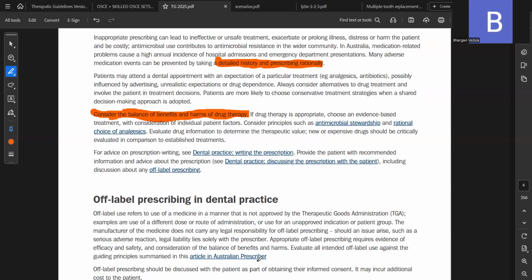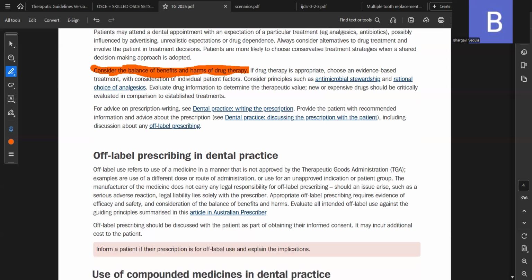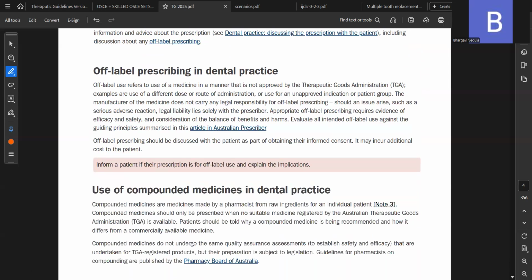So this is another document, a different document totally, but we have to evaluate all the intended off-label use against the guiding principles. Off-label prescribing should be discussed with the patient as a part of obtaining their informed consent. When we are getting consent, we should also tell, I am prescribing you a drug that is off-label. It may incur additional cost to the patient.